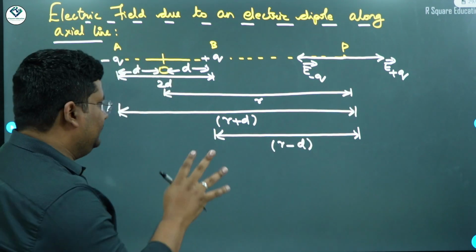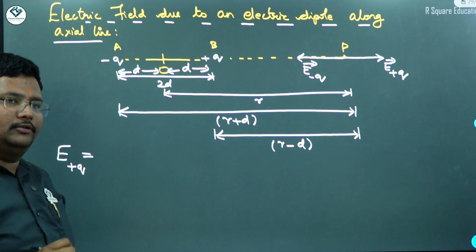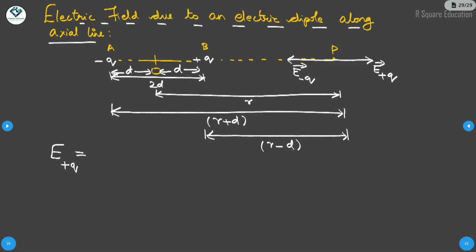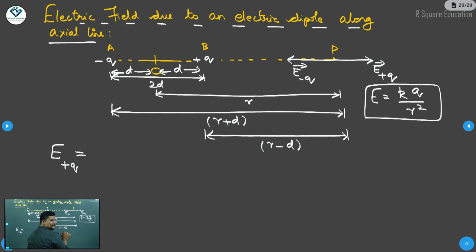That's it. Okay, fine. So now I'm going to take the magnitudes first. Let me take the electric field due to the positive charge. What is the formula for electric field due to a point charge? E is equal to KQ by R square. Remember this? Yes, this is the magnitude for a point charge.